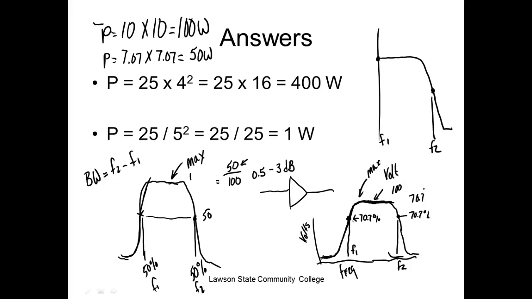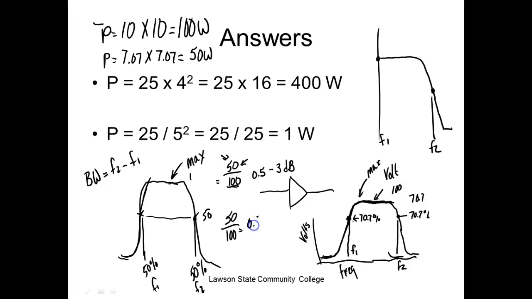Okay, so let's do the log of this. So I'm going to come up here, and you can make up any number because it's a half power point. So I get 50 watts. So half power, if it's 100 watts maximum, half power would be 50 watts. So I'm going to say 50 out over in, that would be 100.